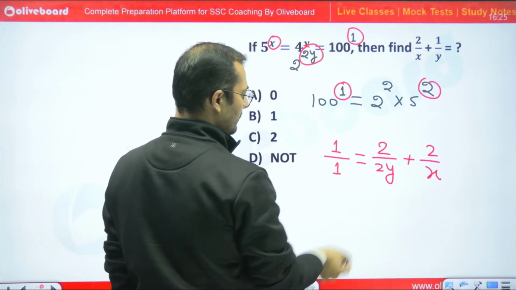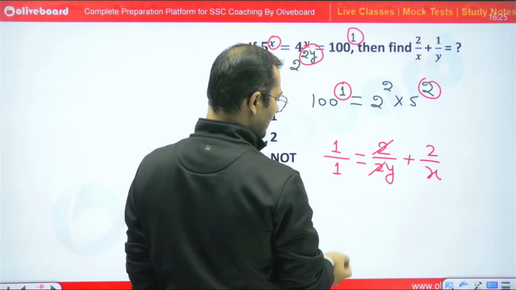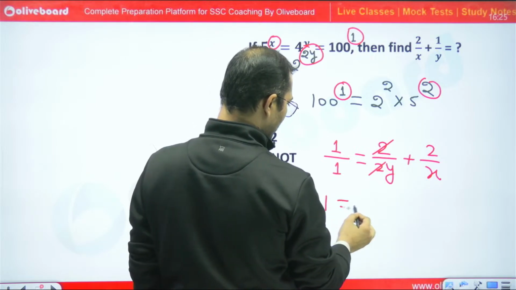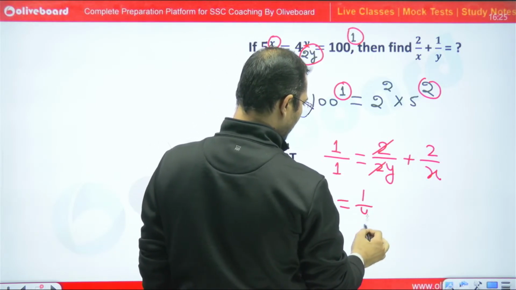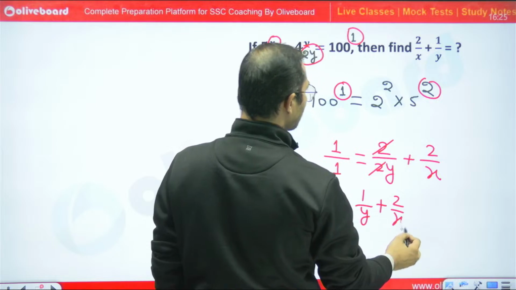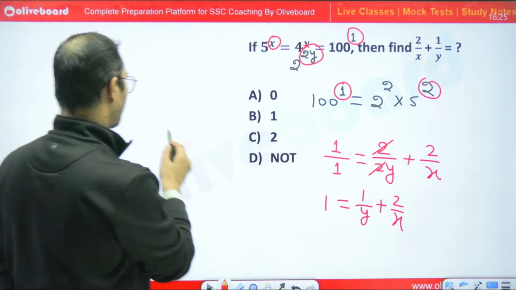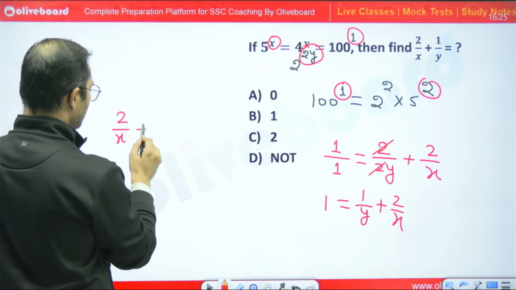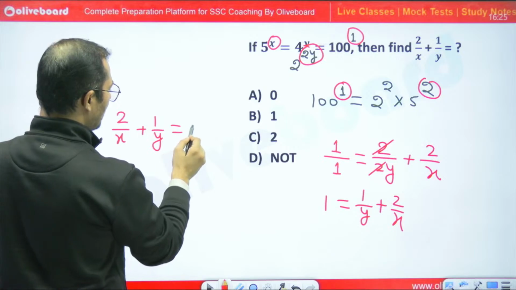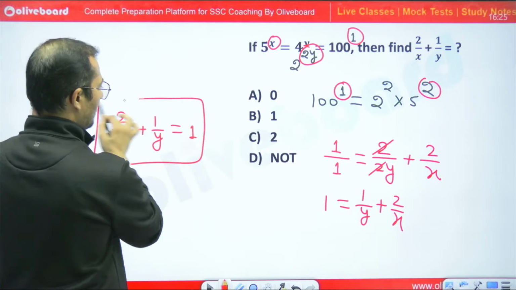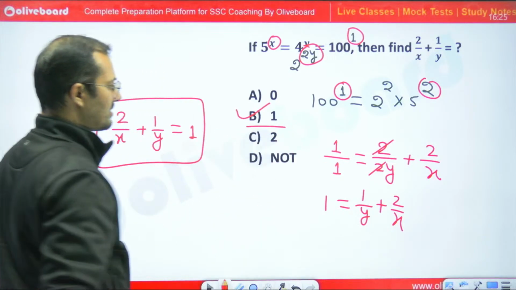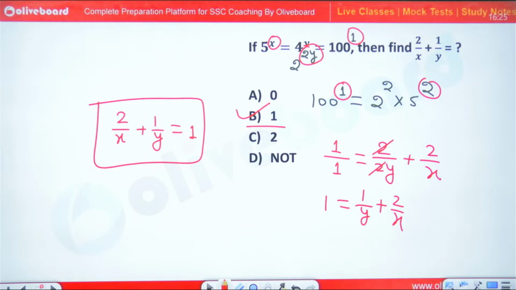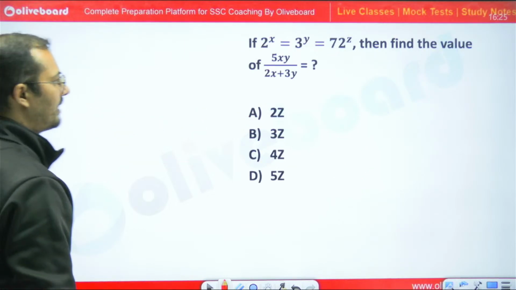This is cancelled, so I will get 1 is equal to 1 upon y plus 2 upon x. Now the question is asking for the value of 2 upon x plus 1 upon y. So this would be equal to 1. Simple. So B is the right answer.